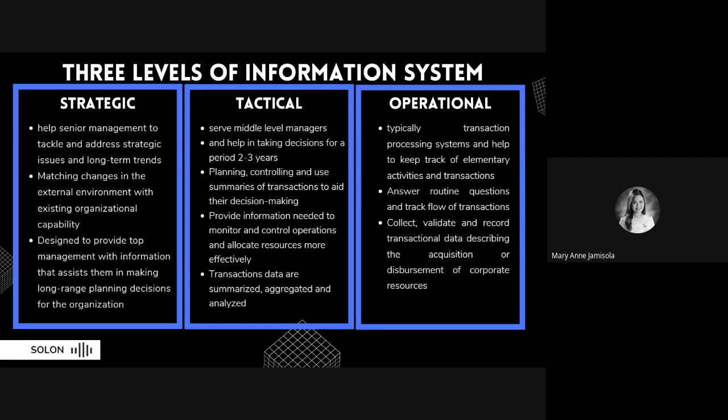Thus, the primary concern of these systems is to collect data, validate, and record transactional data describing the acquisition or disbursement of corporate resources.